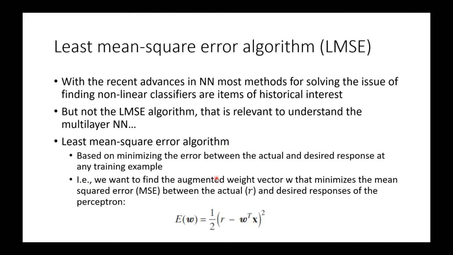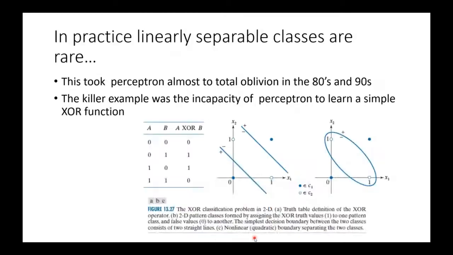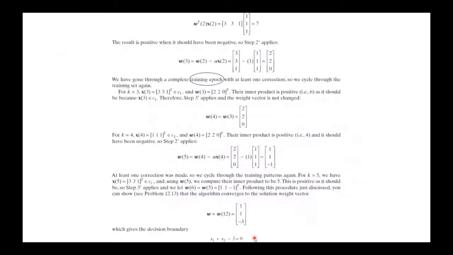So what we want to find is a weight vector W that minimizes the mean squared error between the actual value for the class and the desired responses and the responses of the perceptron. That's basically the error, right? That's one thing that the simple perceptron wasn't doing.